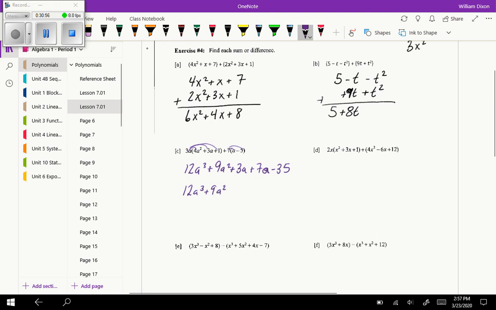A little trick sometimes is to cross off the ones that are combined. That way you know you've gotten everything. So I have 3a plus 7a. We know that is 10a. Cross that off, and then minus 35. And that's your answer.